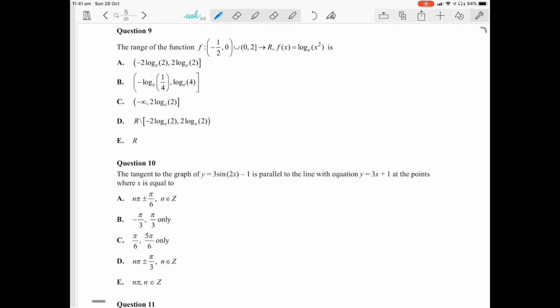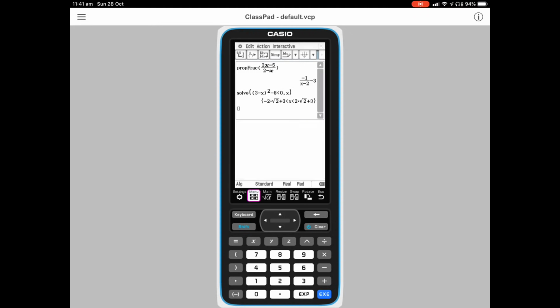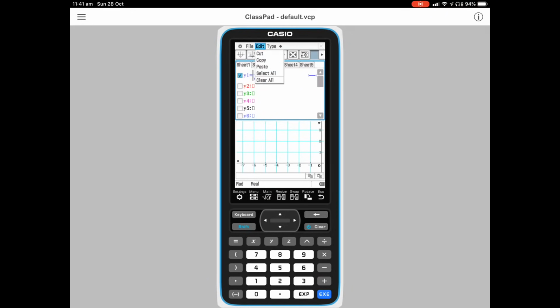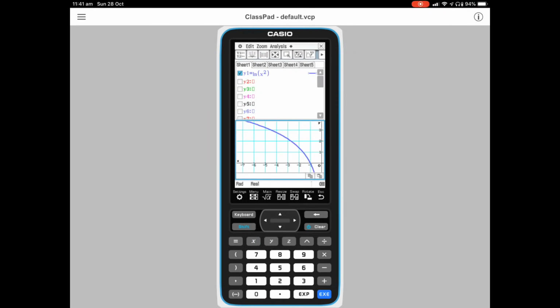The range of this function, negative a half to 0, 0 to 2, log ax squared. Okay, let's clear. Natural log of x squared. Okay, we had negative a half to 0.